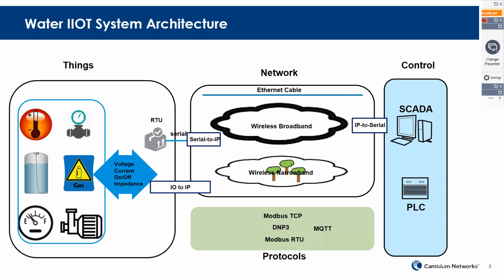For example, when you use Modbus TCP to query and figure out that the water level is too high, the PLC may send a command to the I/O to IP device to shut down the pump, or actually start pumping water out of the tank, depending on your setup.